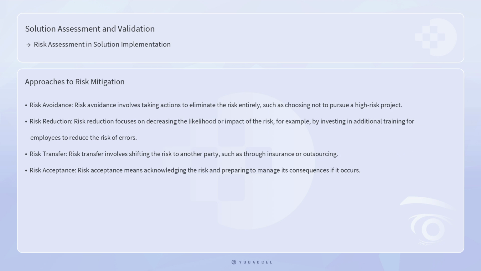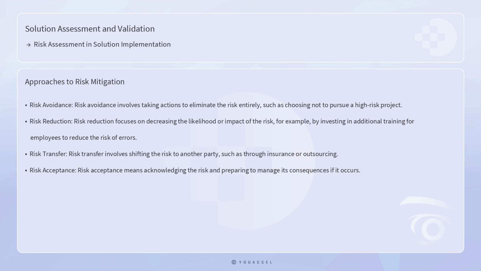Risk mitigation involves developing and implementing strategies to reduce the likelihood and impact of identified risks. There are several approaches to risk mitigation, including avoidance, reduction, transfer, and acceptance. Risk avoidance involves taking actions to eliminate the risk entirely, such as choosing not to pursue a high-risk project.